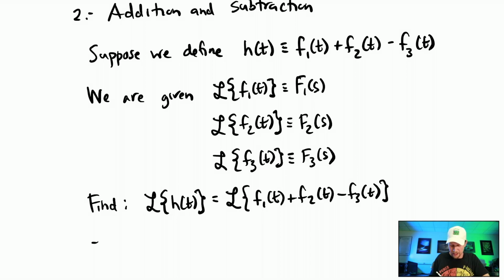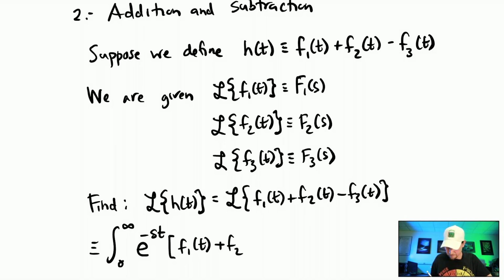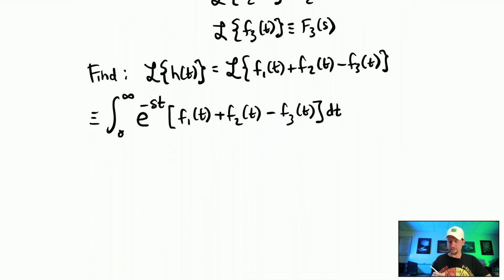And I can then go back and revert to the definition, which means that this is the integral from 0 to infinity of e to the minus s t times what we're taking the Laplace transform of, which is f of 1 plus f of 2 minus f of 3, times dt, right?